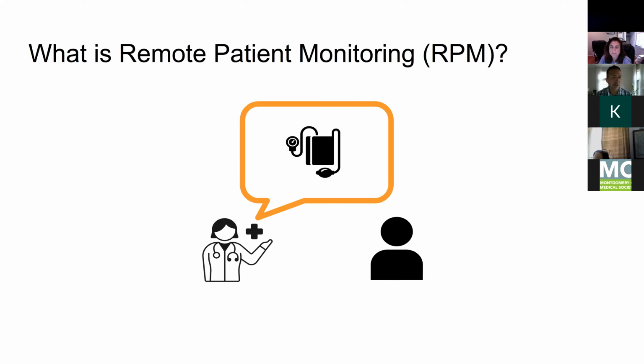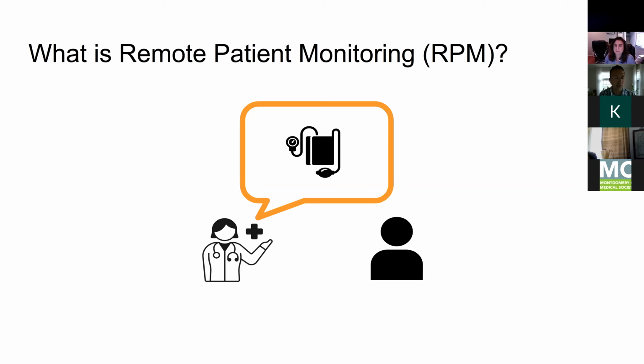So the idea here is that you as a clinician decide, if we paid closer attention to either your blood sugar, blood pressure, weight, pulse ox, respiratory rate, any of these things, we would be able to manage this better, and this would result in a better clinical outcome for you.